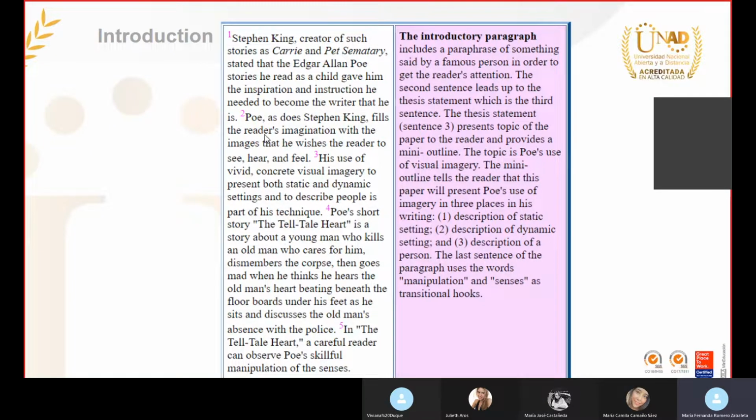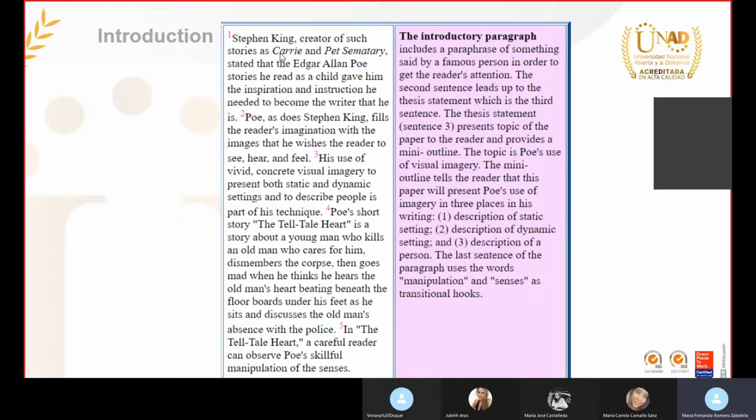Look, Poe, as does Stephen King, fills the reader's imagination with the images that he wishes the reader to see, hear, and feel. So he is using the relationship that Stephen King has with Edgar Allan Poe to introduce the readers to the topic. And the topic will be the technique of Edgar Allan Poe.